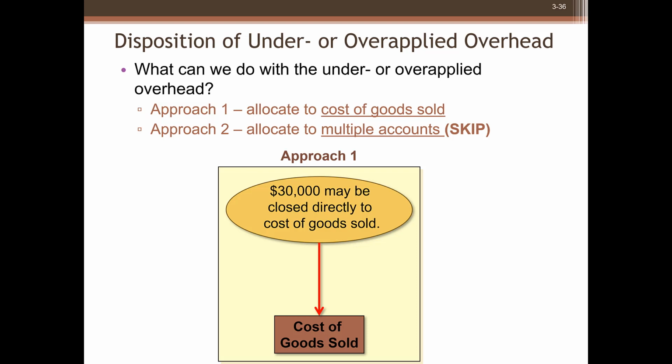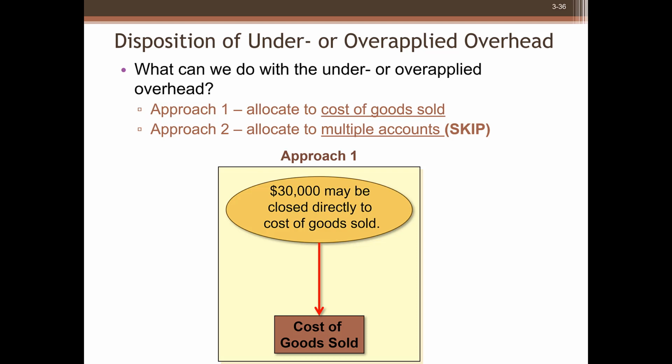Generally speaking, temporary accounts will be closed, such as revenues and expenses on the income statement. But permanent accounts, which are assets, liabilities, or shareholders' equity on the balance sheet, will not be closed, which means the previous period balance will be carried into the next period.